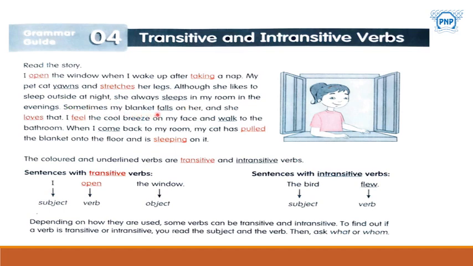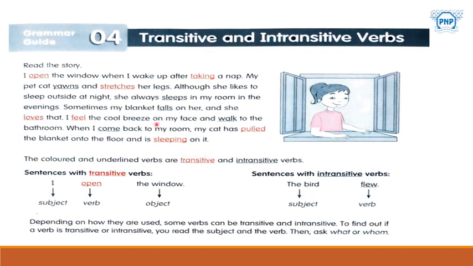Sometimes my blanket falls on her, and she loves that. I feel the cool breeze on my face and walk to the bathroom. When I come back to my room, my cat has pulled the blanket onto the floor and is sleeping on it. Okay, so the colored and underlined verbs are transitive and intransitive verbs.